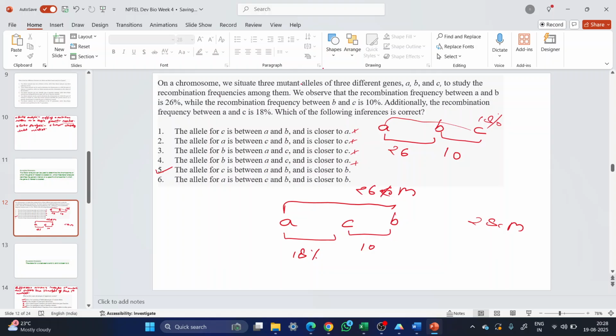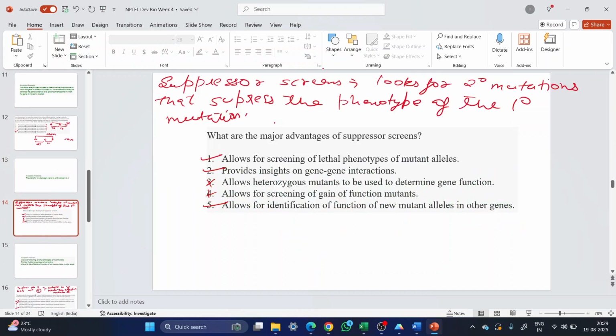Suppose the recombination frequency between A and B is 26%, this means the genetic distance between A and B is 26 centimorgan. Recombination frequency between B and C is 10%, which means the genetic distance between B and C is 10 centimorgan. Recombination frequency between A and C is 18%, which means the genetic distance between A and C is 18 centimorgan. This is what you have to remember.